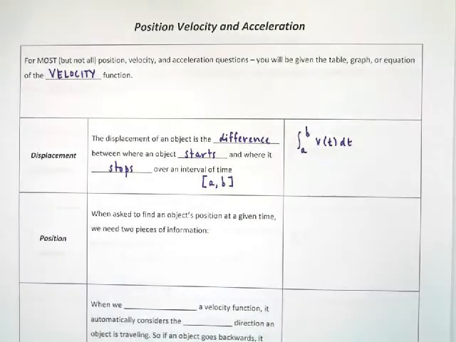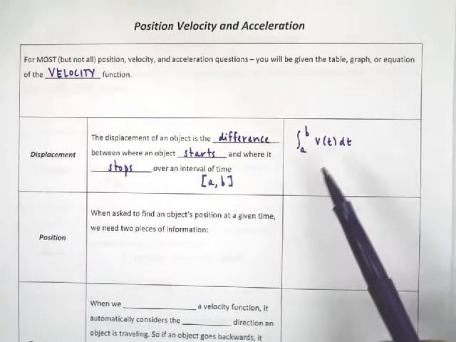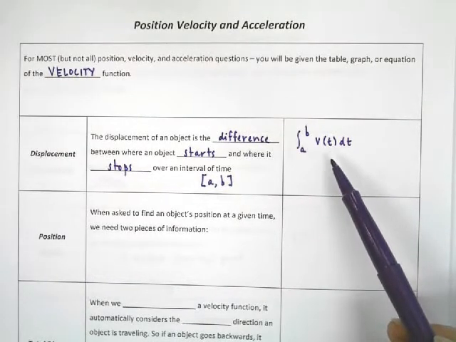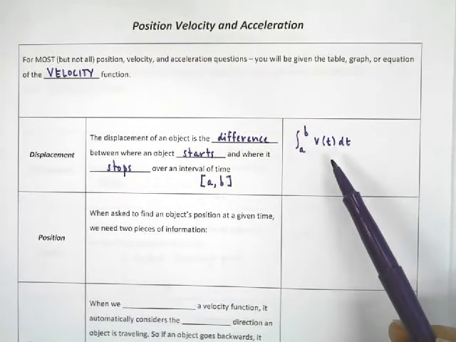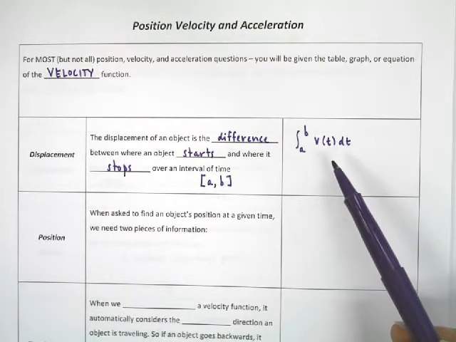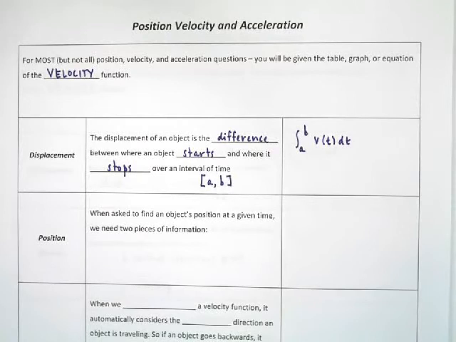What's really important to realize here is that integrating velocity is not giving me the position, it's just telling me the displacement. How far did I get from where I started?